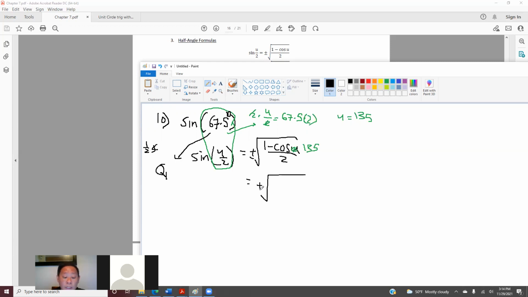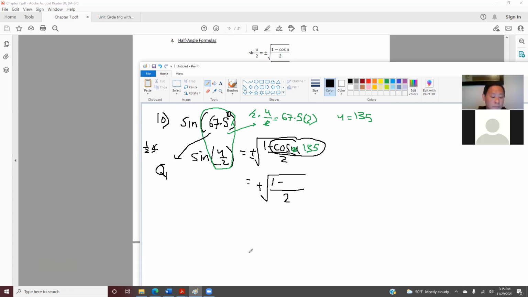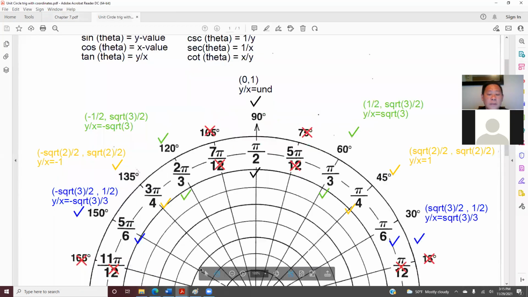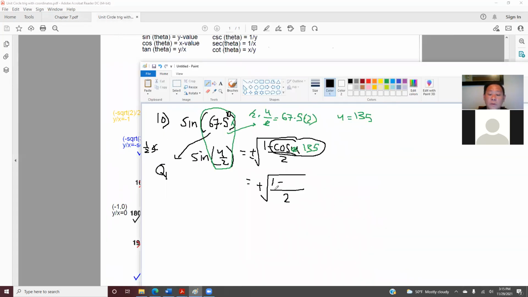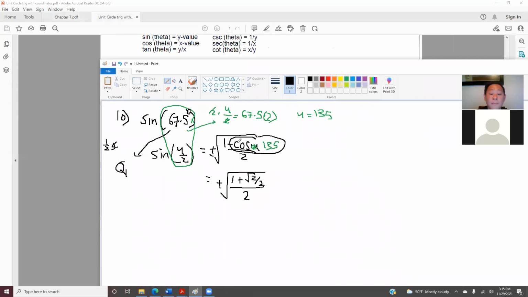Sine in this case will be positive. 1 minus, can someone use the unit circle to figure out what is cosine of 135? Negative square root 2 over 2. So it's negative root 2 over 2. So this will become positive root 2 over 2, because the negative will become positive because you got double negative here.